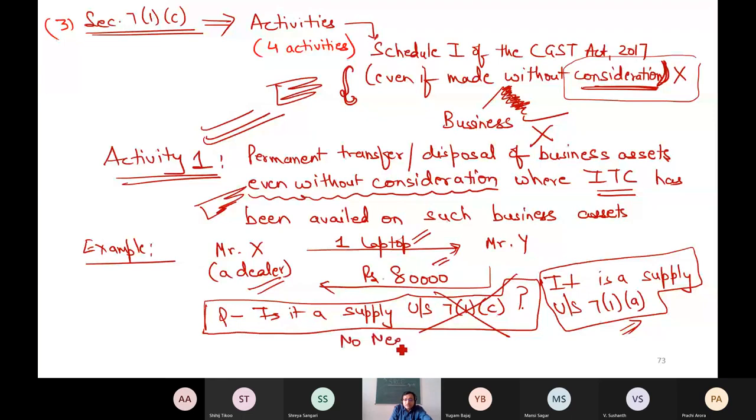No need to check, no need to verify, because already it is a supply under 7(1)(a). I hope the point is clear. So you must remember that if I already have easy sections available, 7(1)(a) or 7(1)(b), why will I check 7(1)(c)? So let me go to the next example.